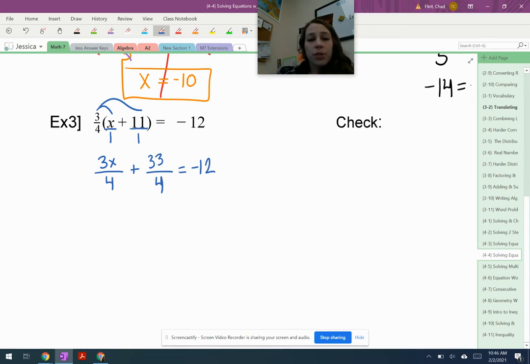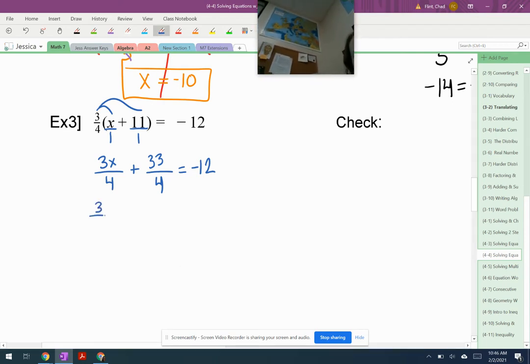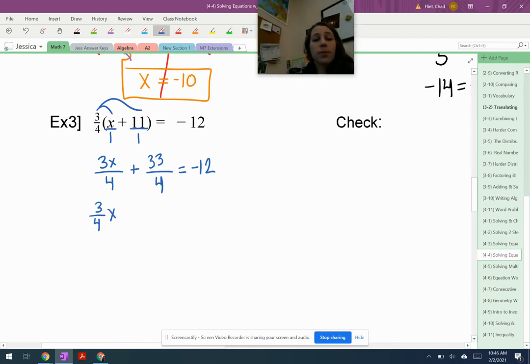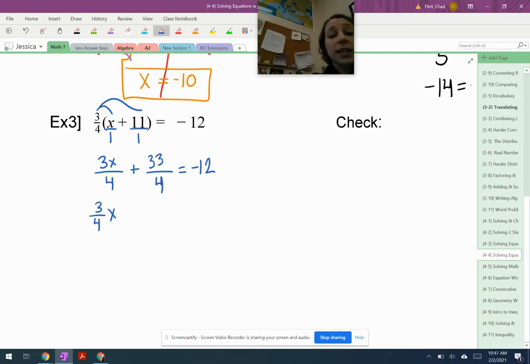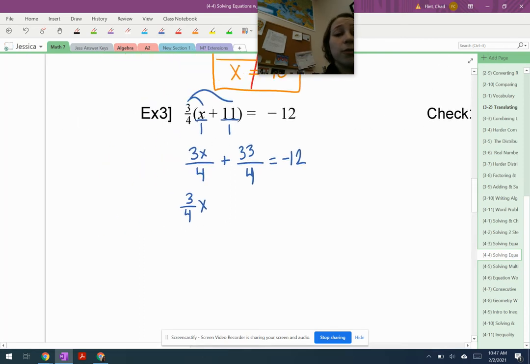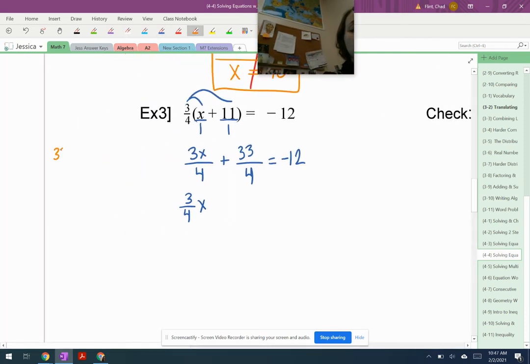Okay, and so this is where you might be jumping to your calculator. The 3/4 is just that 3/4 fraction. I can't really do anything with that. But I can rewrite that as 3/4x with the x next to it. 33/4, I'm checking to do that division in my calculator to see if that's a nice normal decimal that I can work with, and it is. 33/4 is really just 8.25.